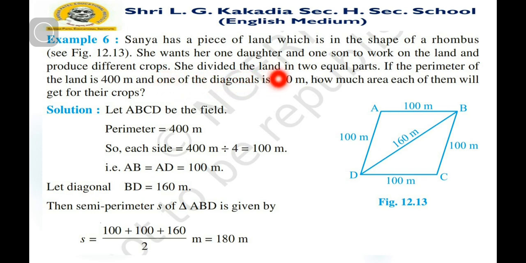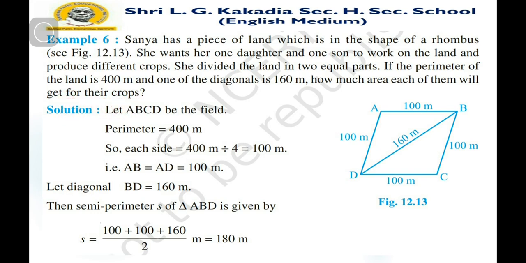She divided the land into two equal parts. As we know, the diagonal of a rhombus divides the rhombus into two equal quadrilaterals. If the perimeter of the land is 400 meter and one of the diagonals is 160 meter, how much area will each of them get for the crops?